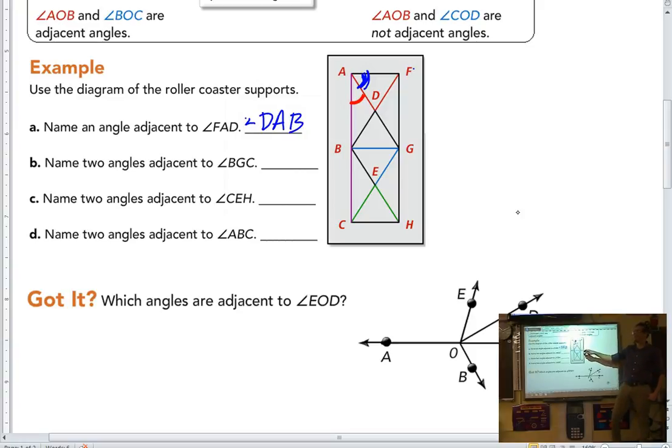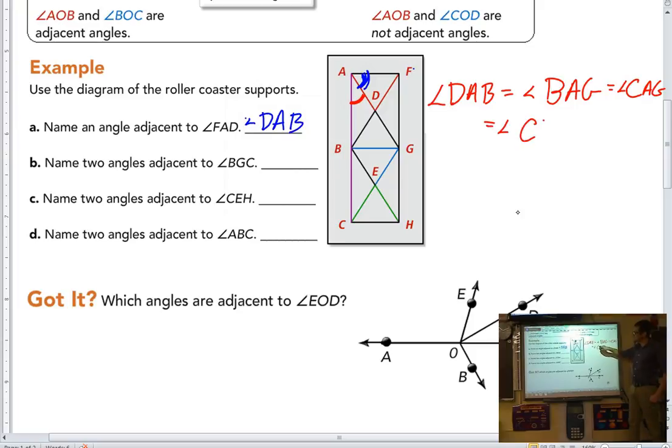What if I had said angle CAG? Is that a different angle? It's just a different way to name it. So, DAB is the easiest way because they're close, but the same angle is also BAG or angle CAG or angle CAD, and I think that's all the ways that we can name that.